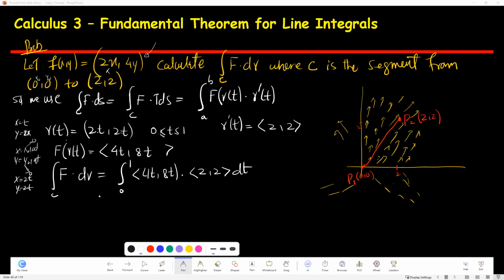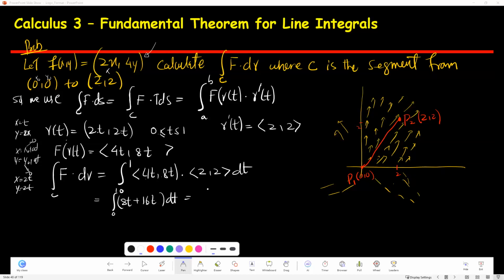Okay, this pretty much is done. All I can do is simplify it before I take the integral. So it's going to be 8t plus 8 times 2, which is 16t, and then dt.